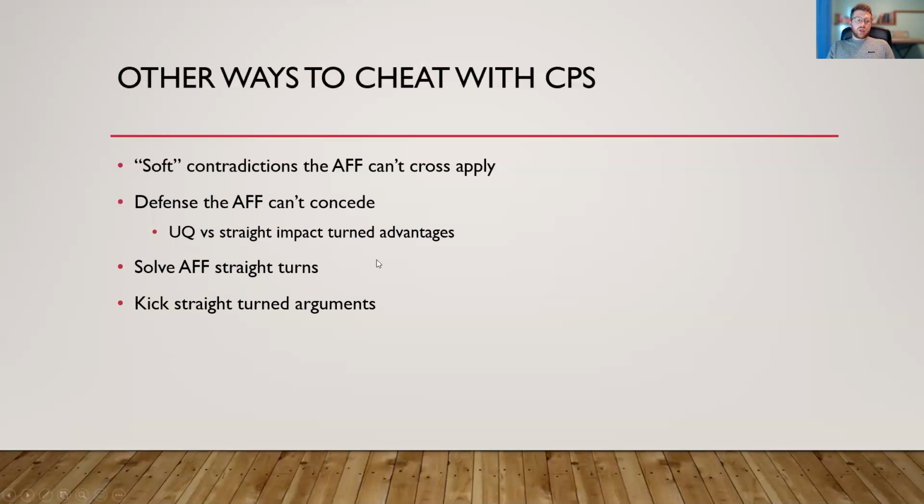You can also kick straight turned arguments. Oh, that was what I was just describing earlier. So yeah, these are kind of the same. Yeah, that's true. It is kind of broken.